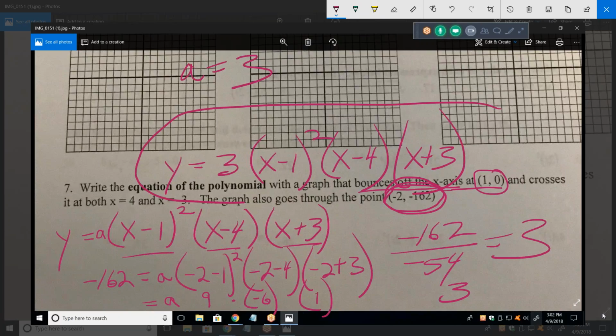That satisfies everything in that question. It bounces off the x-axis at 1, 0. It crosses the x-axis at 4 and minus 3. And it goes through this point. Whatever that curve looks like, it goes through the point minus 2, minus 162.